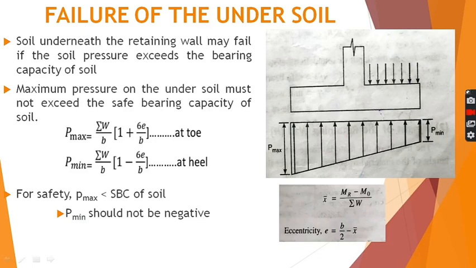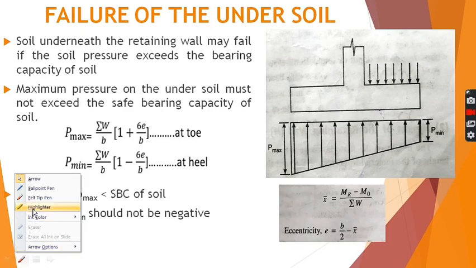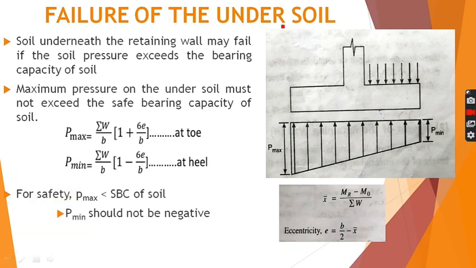Now the last type of failure which can happen in a retaining wall is the failure of the undersoil, which is below the retaining wall, and it depends on the bearing capacity Q of the soil underneath the retaining wall. As you have studied earlier also, the pressure acting on the soil should always be less than its bearing capacity.